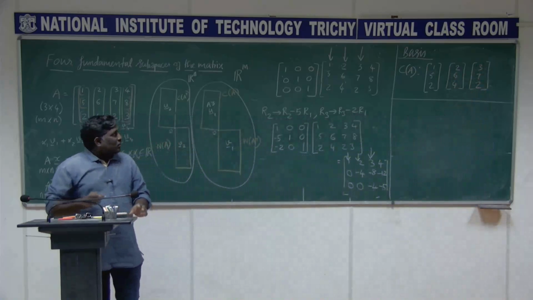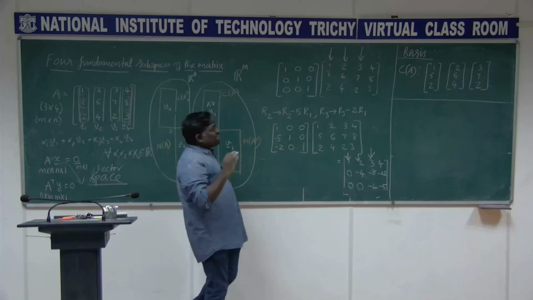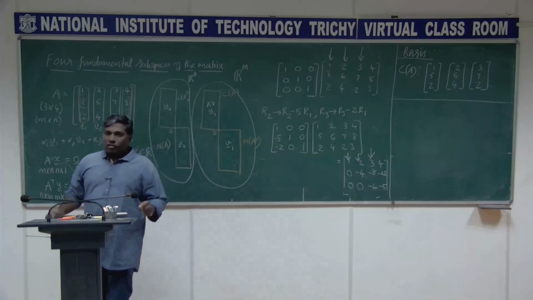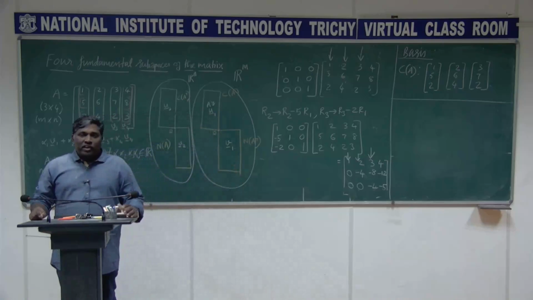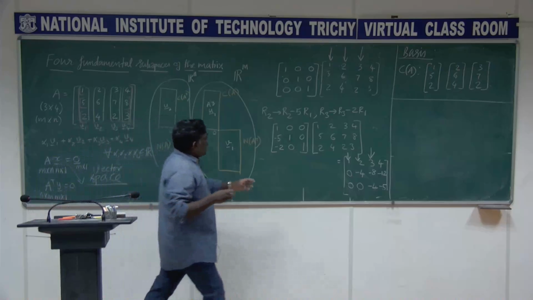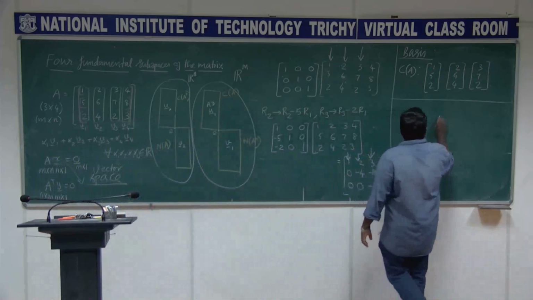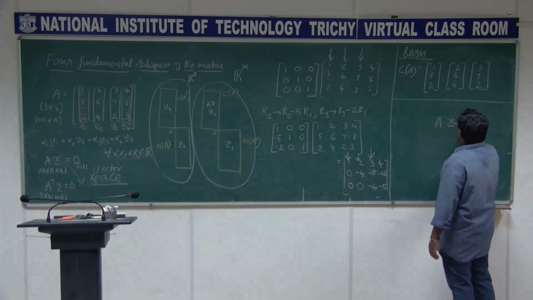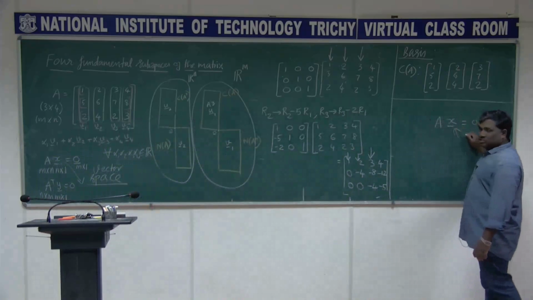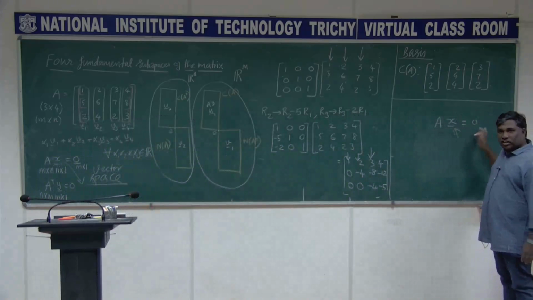That forms the column space of A. Right? So now, what is the null space of A? Null space of A is what? Ax equal to 0, the set of all vectors satisfying that condition, right? So it is like this: I have a matrix A, and I am looking for x that satisfies this condition.